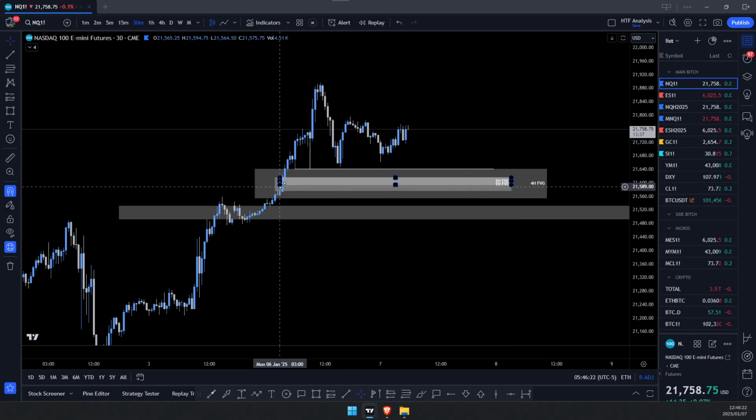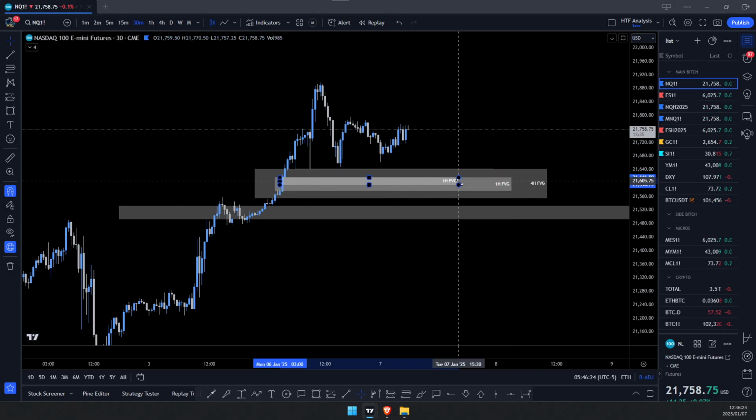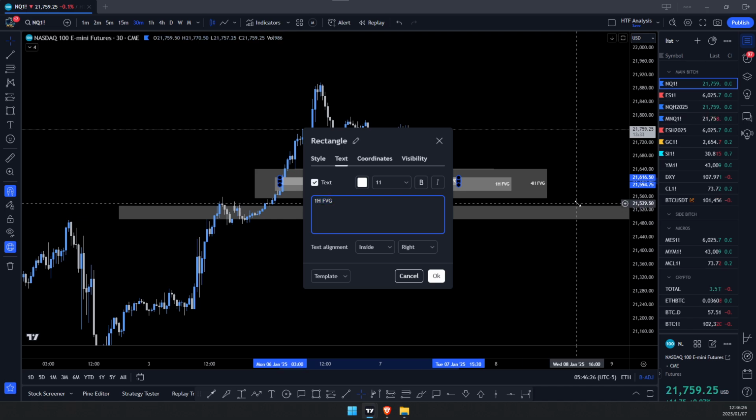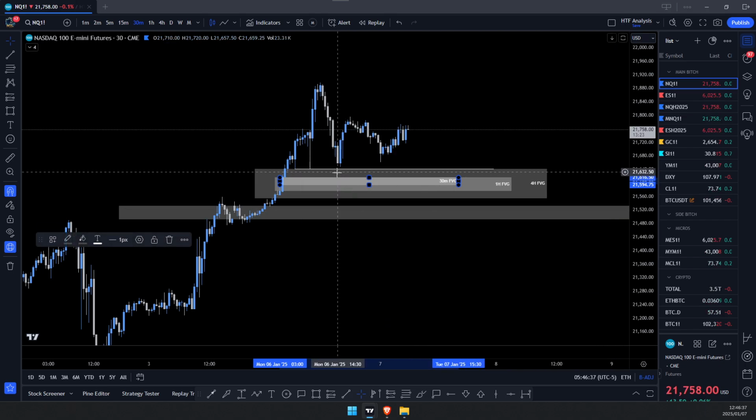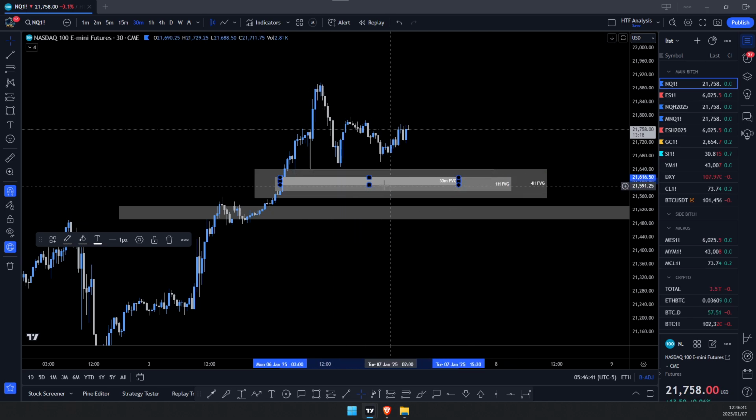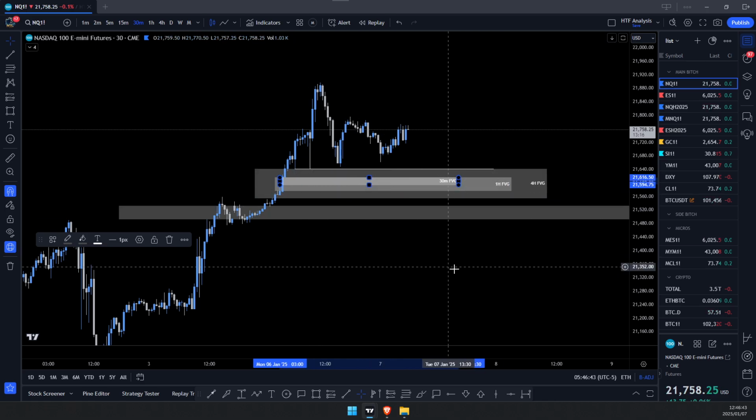I want to mark this one correctly. So we have the overlapping of the 4 hour, the 30-minute, and the 1 hour, and then with the sell stops in the same area. So this is a solid level that we have right here.